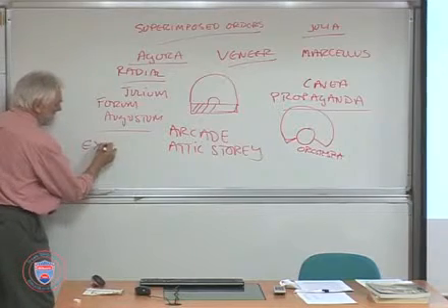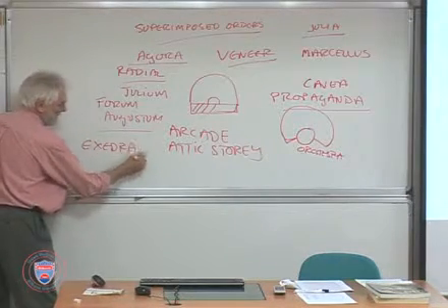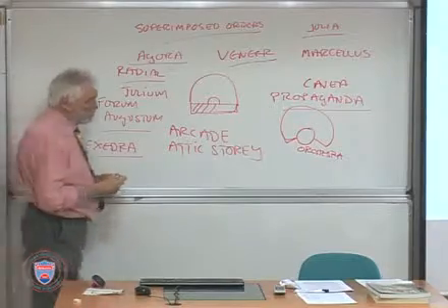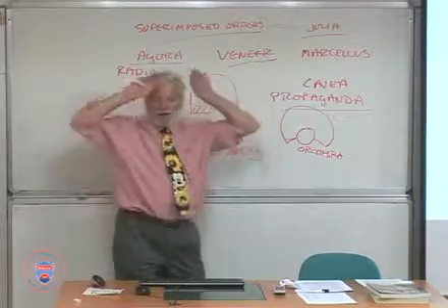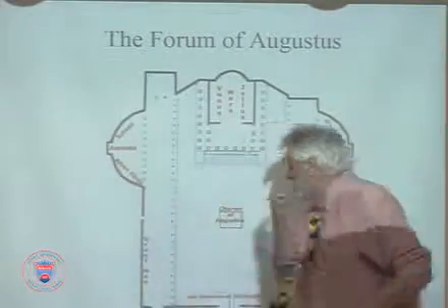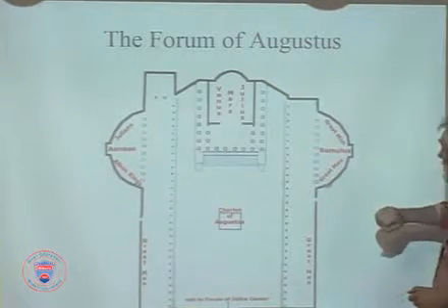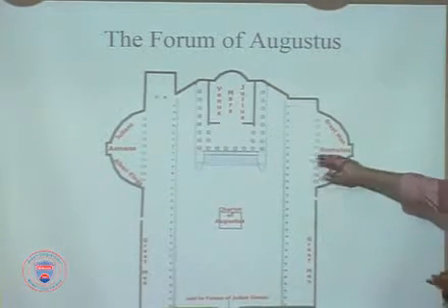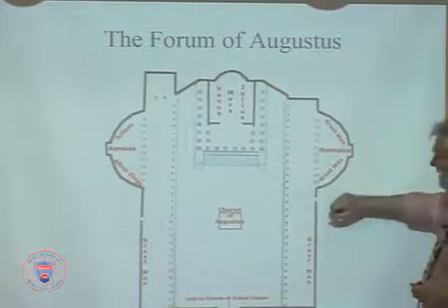The idea of the exedra comes from the Greek-speaking world, but in this case it's got a half dome over the top. It's partly covered. In this exedra, you've got a statue of Romulus and the other great men of Rome. Well, Romulus, the founder of Rome.